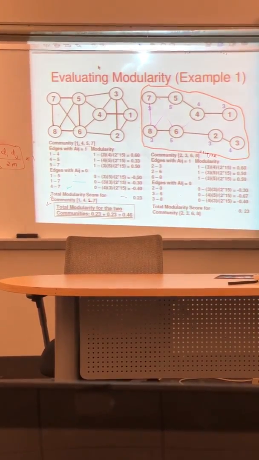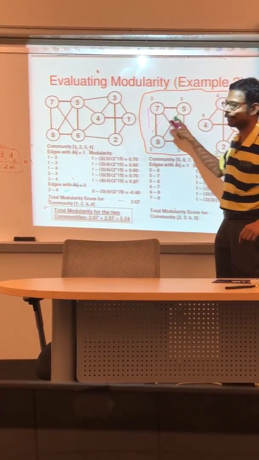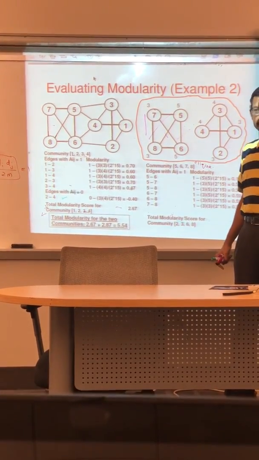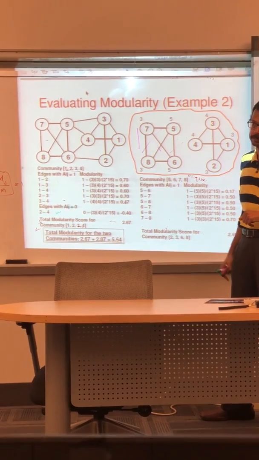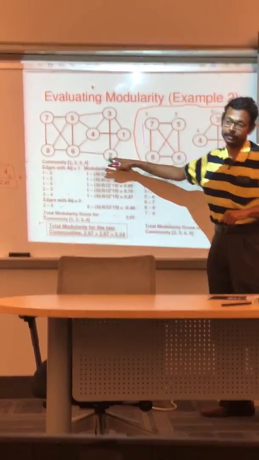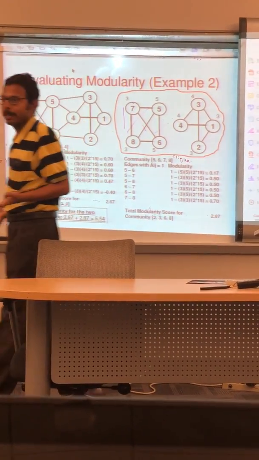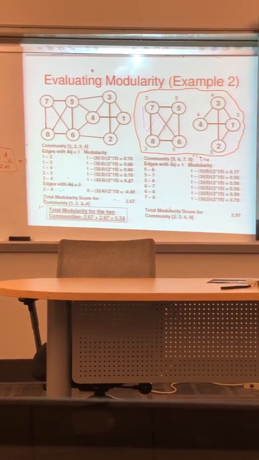Another algorithm says this is the partitioning: 1, 2, 3, 4 and 5, 6, 7, 8. So you want to know which of the two to choose. So you compute the modularity scores and decide which one to choose. For the same graph, you have different algorithms that could possibly give you different communities based on the approach they use. Got it. Okay?